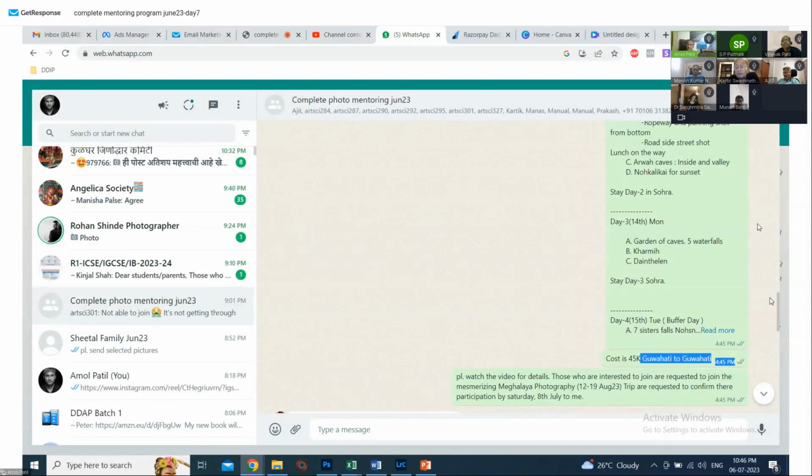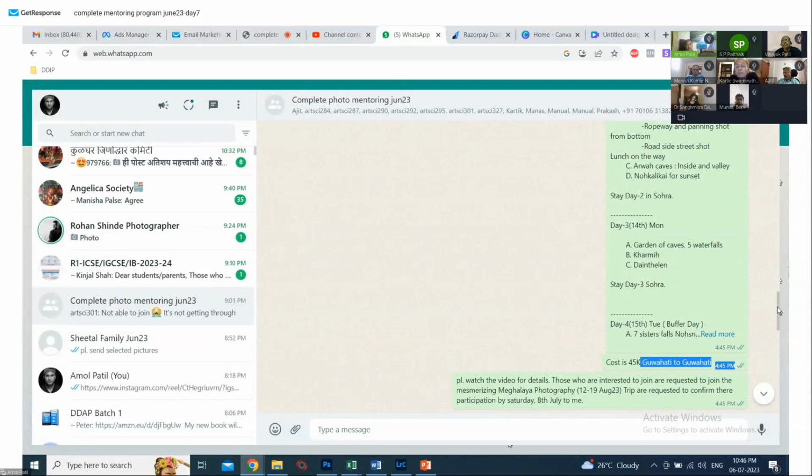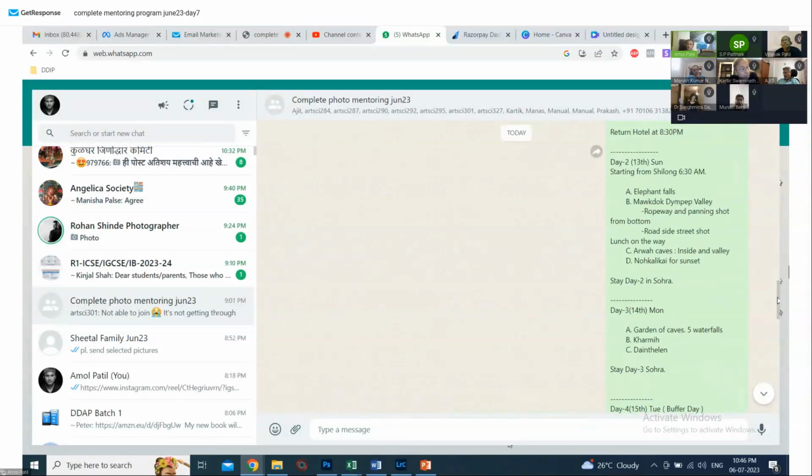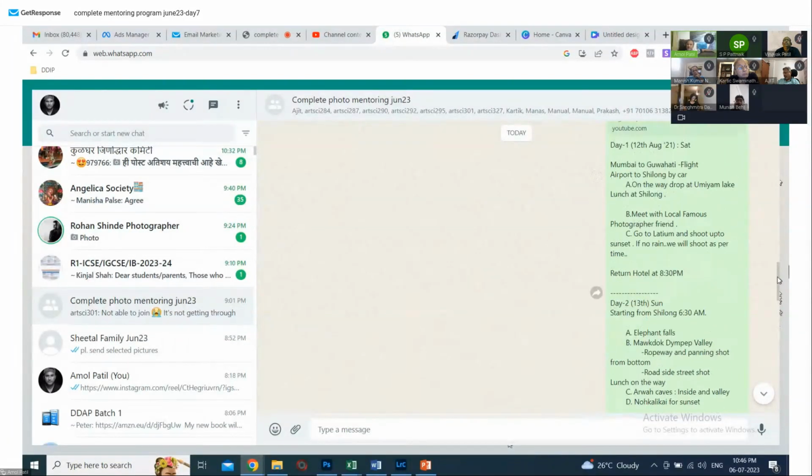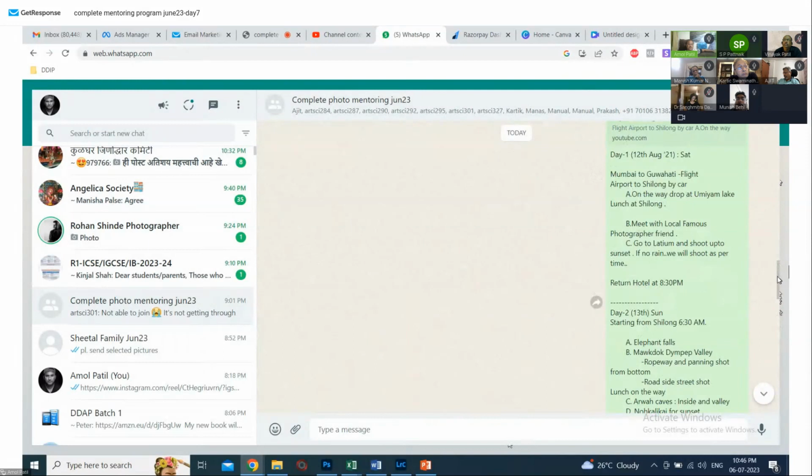Are you going to have wildlife tours also? Yes, we would be having wildlife tours going ahead, right? But this particular one is mesmerizing Meghalaya. So basically, it's a landscape photography tour, and to some extent, it would also be a macro tour.